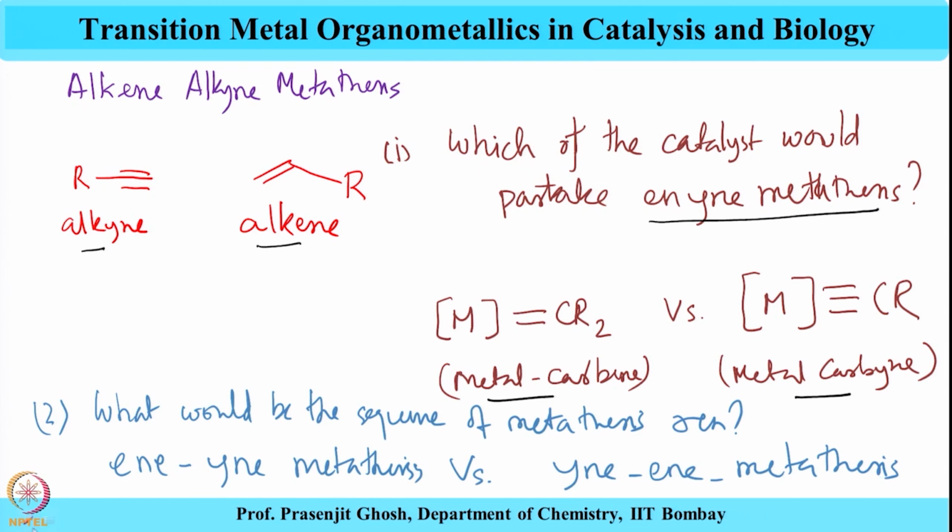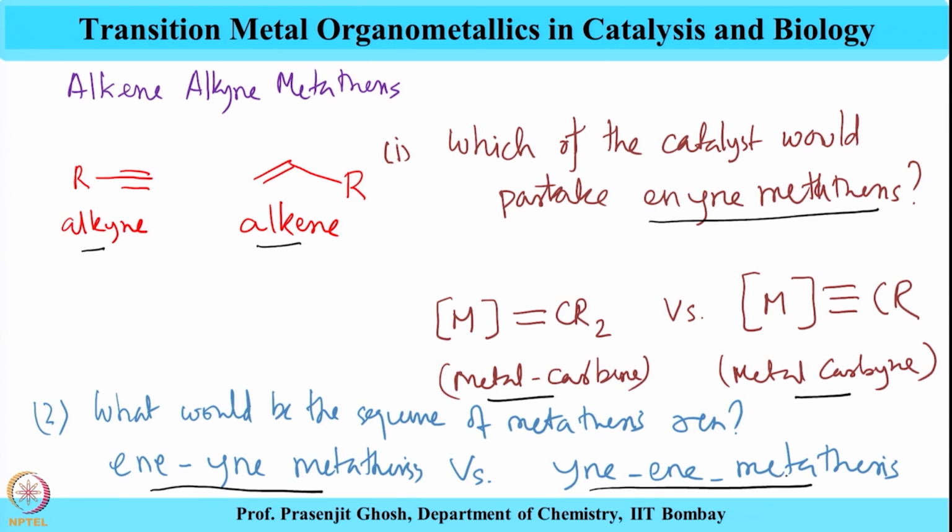So, this also is a very relevant and interesting question: even if either of the two is effective in carrying out this metathesis of alkene and alkyne, then which one would be the first to undergo metathesis, whether this is ene-yne metathesis where the alkene would undergo metathesis first followed by the alkyne, or it is yne-ene metathesis which would be starting with alkyne first and then alkene, in the order of the metathesis reactions.